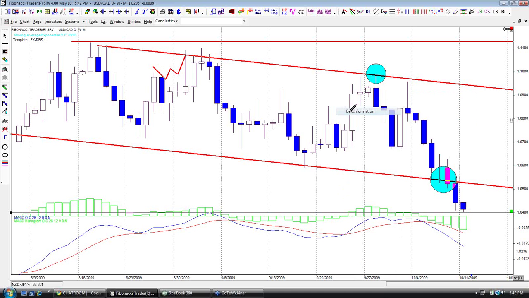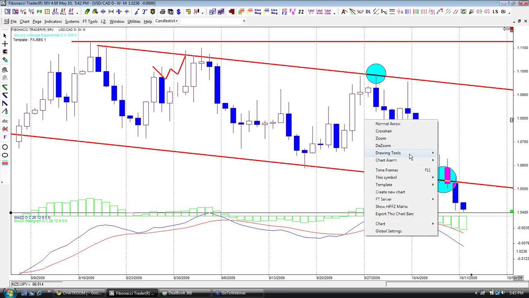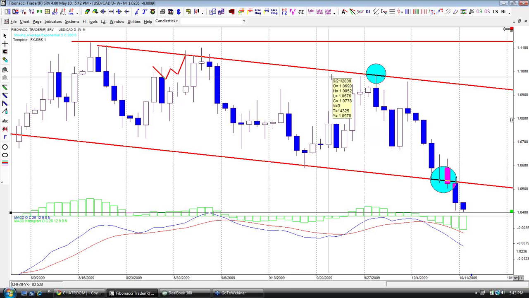And when I measure the channel, I know that I have 450 pips, if I can say in time, that I have all this time to trade bearish. So from 110 all the way down to 105.50, I know that I'm fine trading bearish patterns all the way down here.